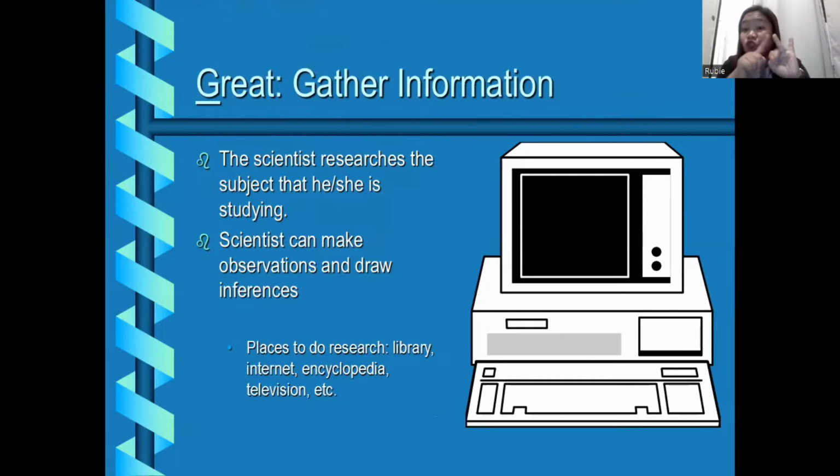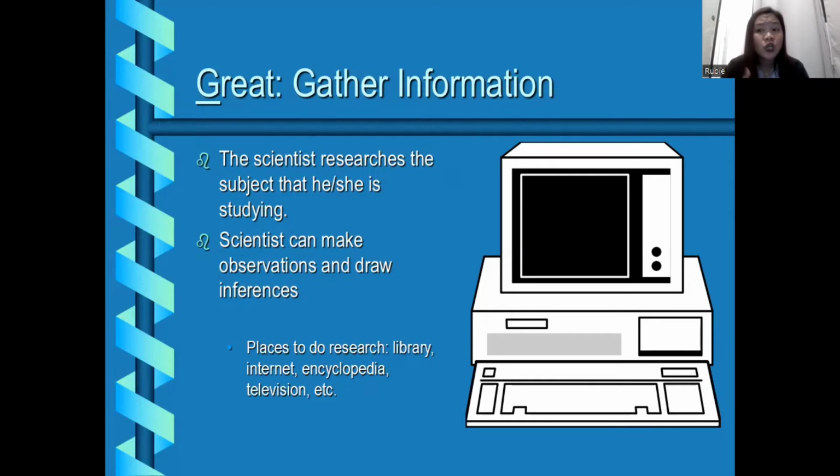Number 2 is G. So what's G? Very good, Nate. That's gather information. No good scientist would be able to do an experiment without gathering information. So the scientist researches the subject that he or she is studying. Scientists can make observations or draw inferences based on the data or the research that he made.